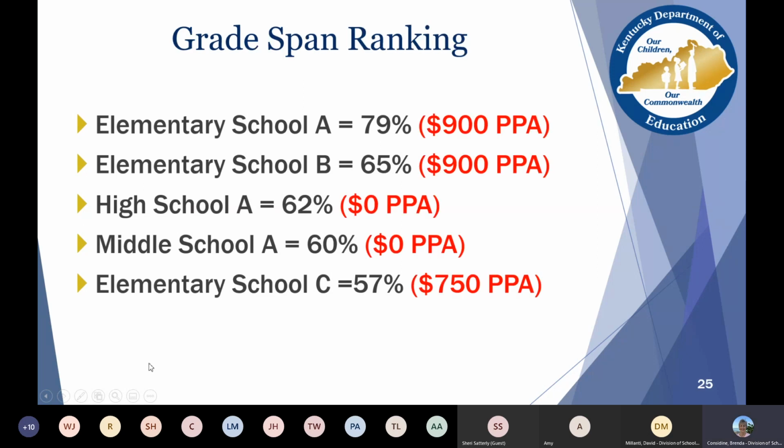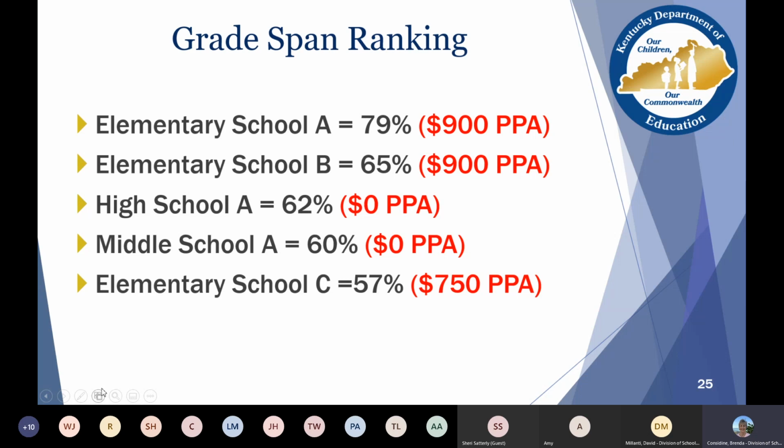So if you look at grade span ranking, they're going to serve the elementary schools, even though elementary school C is at a 57% poverty level, lower than your high school and your middle school. They've determined that the greatest need is to intervene early, okay? And so they're going to rank school A and school B, which are 65% or higher, with a $900 per pupil amount.